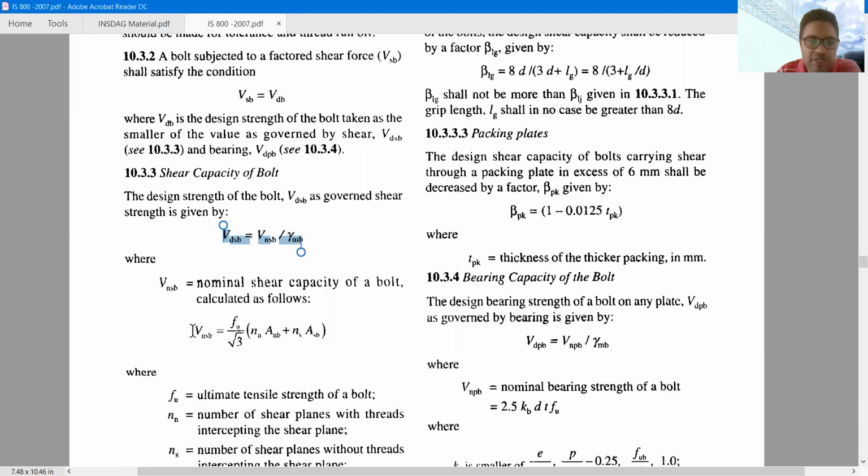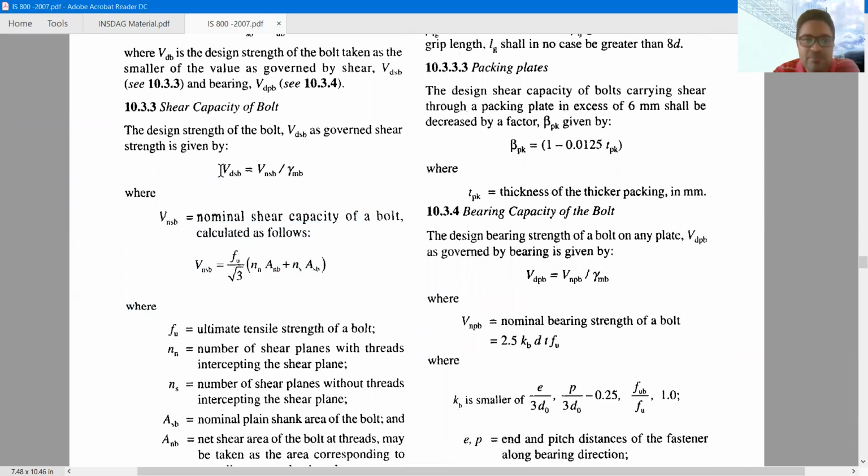And how do we calculate the VNSB? These are the values which are given here. VDSB is the design strength of the bolt, and we calculate it by using this formula, VNSB by gamma mb.